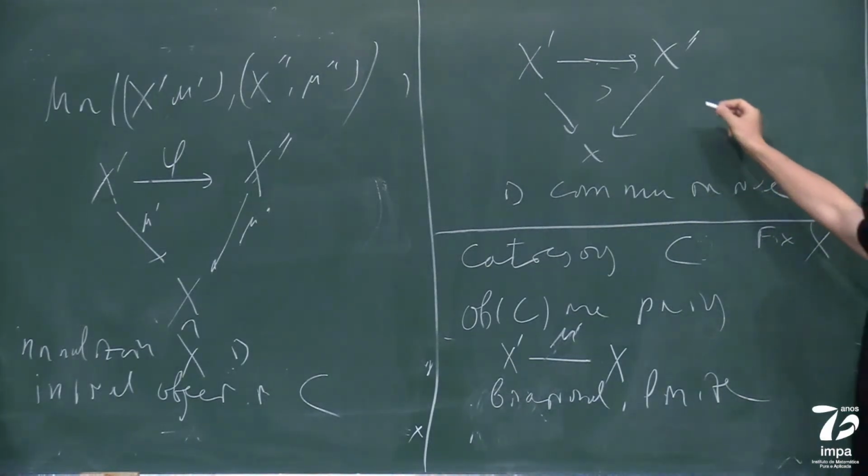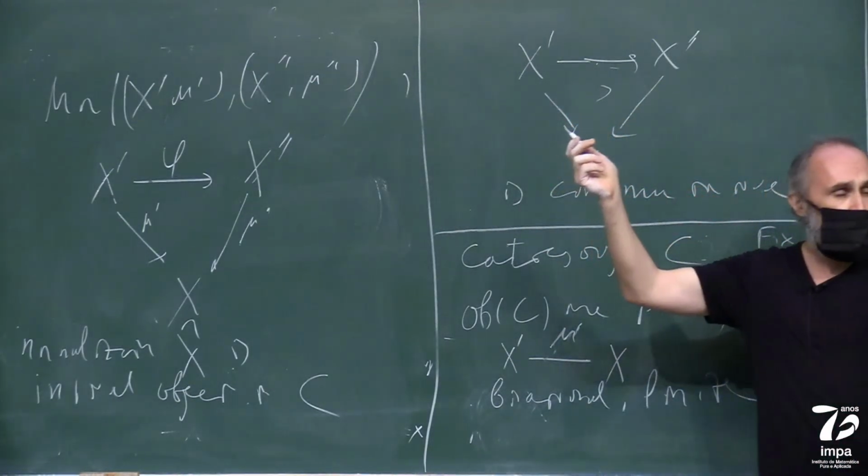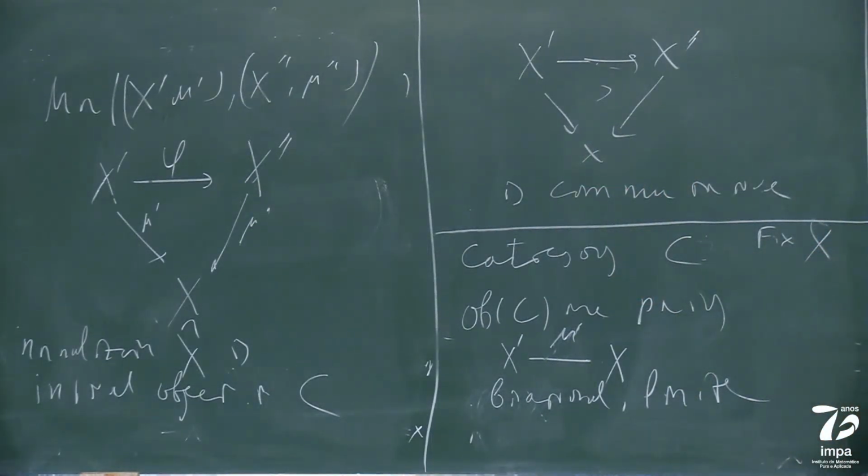Again, what does it mean? Finite birational is just a subring in a ring of functions.